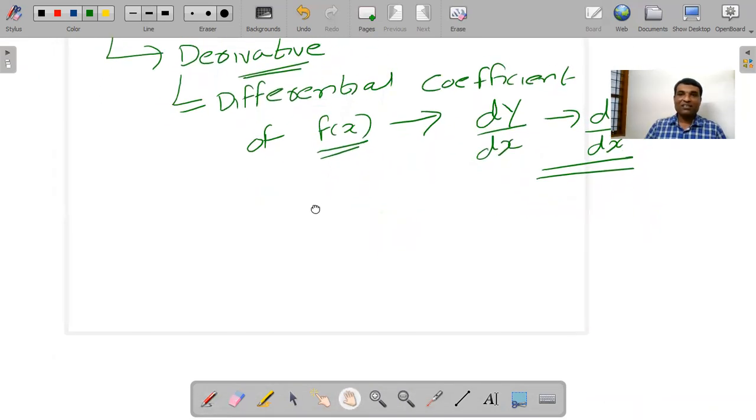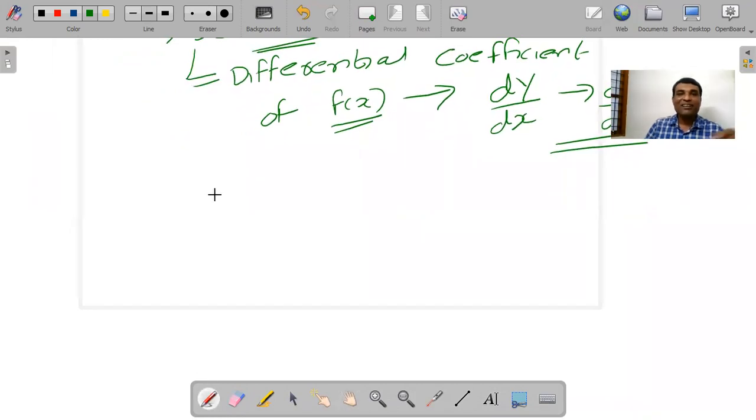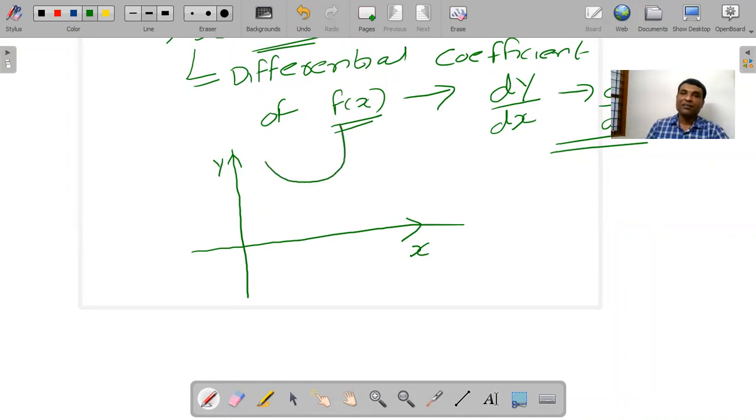So before going to our discussion, I am arbitrarily drawing a function. This is our axis, x-axis and y-axis. Let this curve represent a function y is equal to f of x.